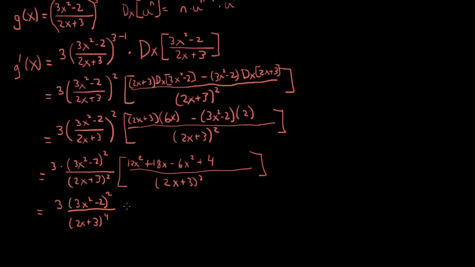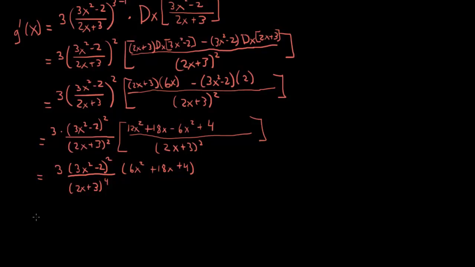Now we still have the numerator over here to deal with. 12x squared minus 6x squared would be 6x squared in total. Then we have plus 18x plus 4. Now, there's not really a whole lot left to do. I guess I could write it as one better looking fraction.